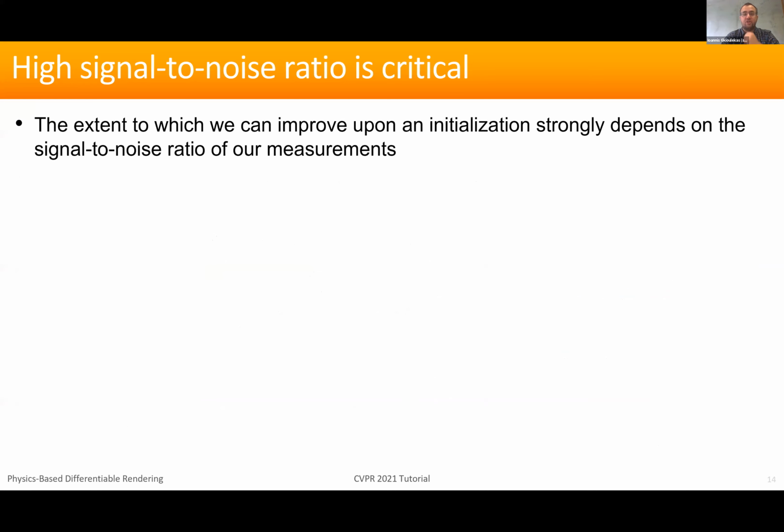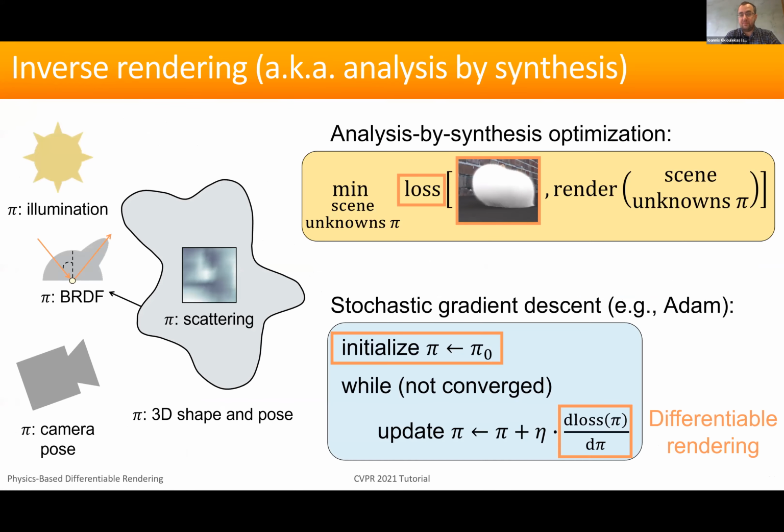So, going back to this picture, these are all things to remember, that differentiable rendering is just one small part of the whole inverse rendering picture, and that there are a lot of other elements that we need to carefully design before we can successfully use differentiable rendering to perform this kind of inverse tasks.